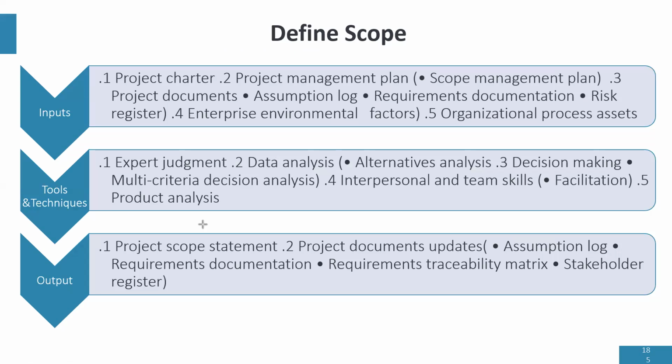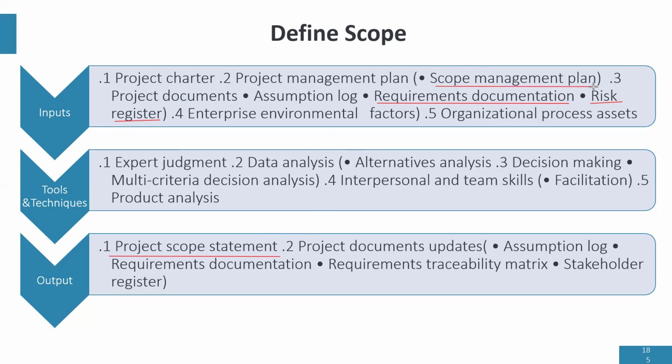So you can see the output of this process is to create a written scope statement. We're going to look at one in a minute, and it comes from requirements documentation, right? The requirements we've collected, we've documented. We'll also look at risk in a project, the risk register. And then we also are governed by the scope management plan, right?